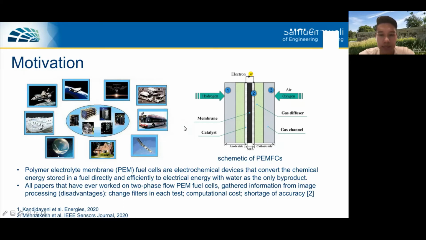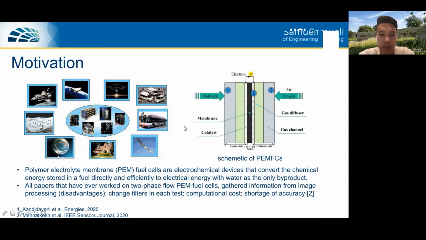And a typical PEM fuel cell is shown on the right-hand side: compressed bipolar plates, gas diffusion layers, which is GDL, with microporous layers, which is MPL, and a polymer electrolyte membrane coated with the catalyst layer.